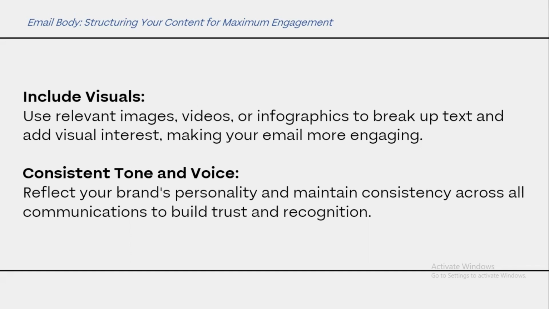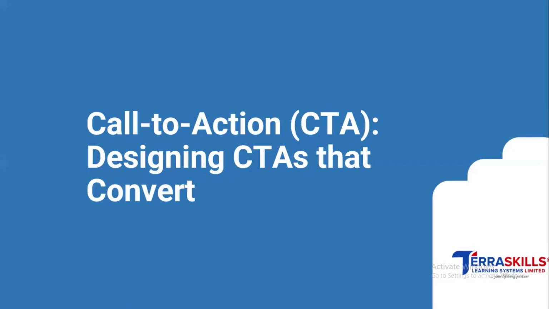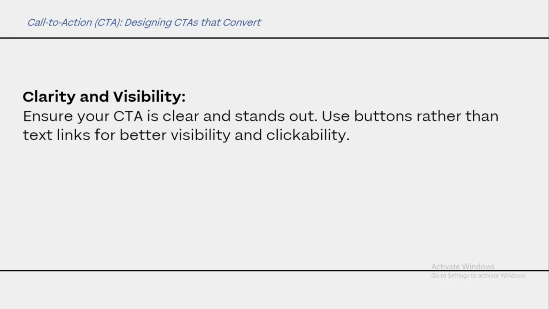So we are done with the body. Let's just look at the call to action section. How do we design CTAs that convert? Because that is the purpose of call to actions, right? So we must have clear and visible call to actions, right? Ensure your CTA is clear and stands out.